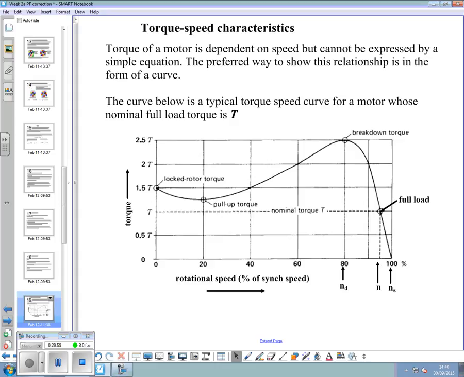The curve below is a typical torque-speed curve for a motor whose nominal full load torque is T. So here, along this line, is the nominal full load torque T, along a line of 1 times that full load torque T. And this is the curve according to its percentage of synchronous speed.